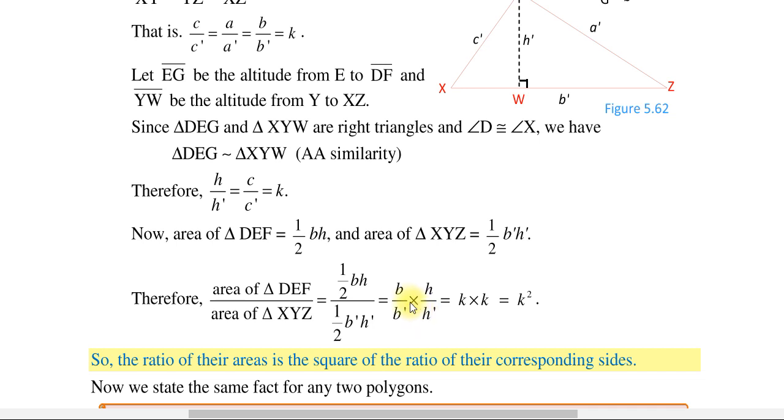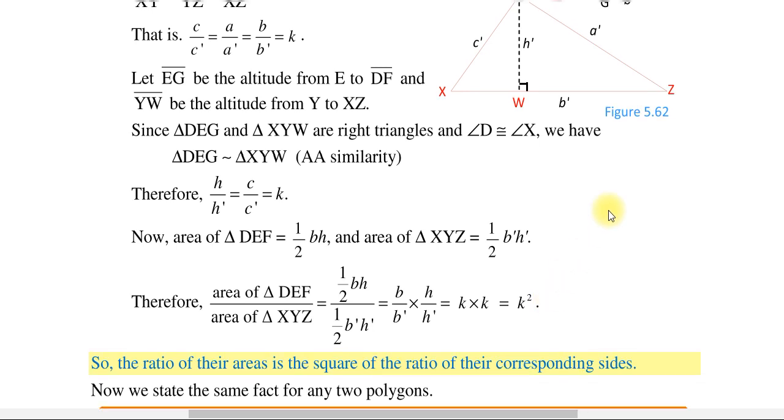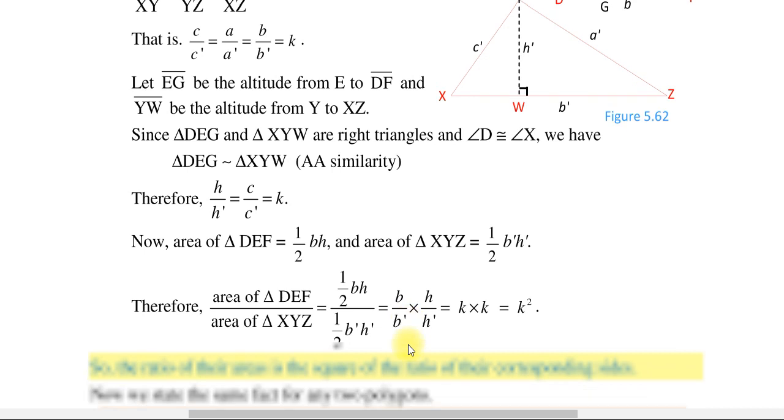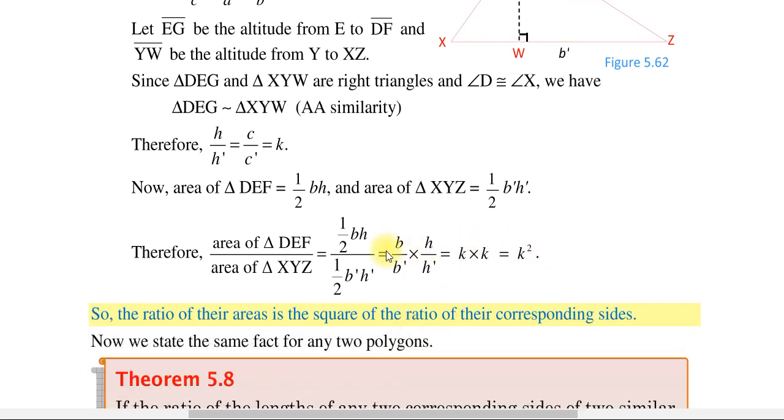But B over B prime is K, and H over H prime is also K, so K times K, which is K squared. So by dividing the triangle in two, determining the height or altitude, and making right angles, we use the angle similarity theorem to show these triangles are similar. Finally we get K times K is equal to K squared. We showed that the ratio of their areas is the square of the ratio of their corresponding sides.